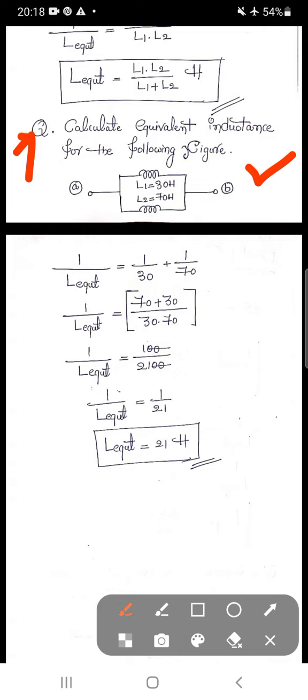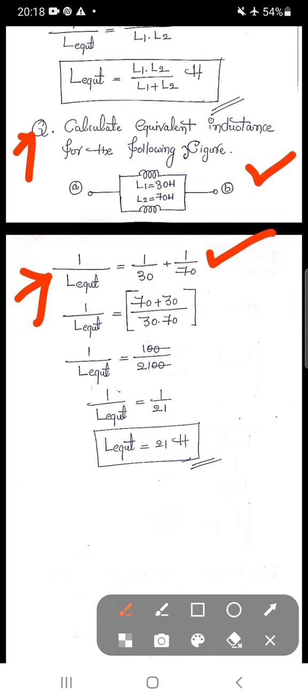Just now I told you, whenever we find the equivalent inductance for a parallel combination, we always consider the reciprocal of each value. So the reciprocal of the equivalent inductance, 1 divided by L equivalent, is equal to the reciprocal of L1 plus the reciprocal of L2.